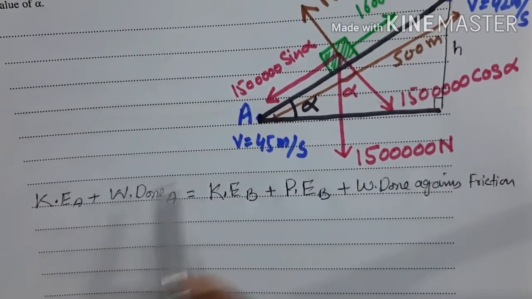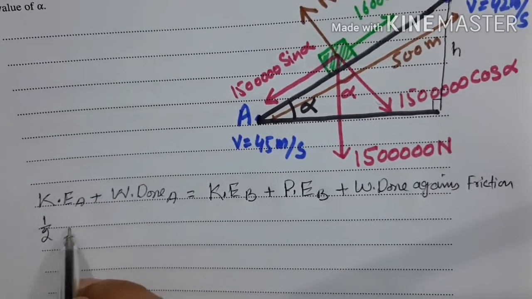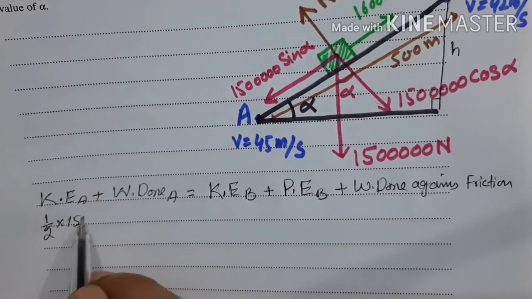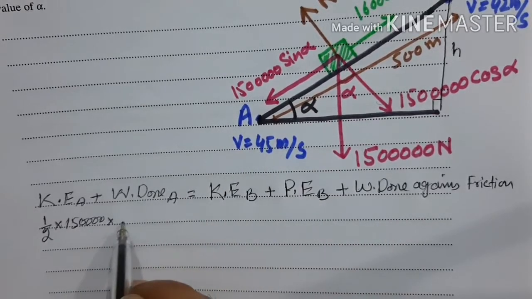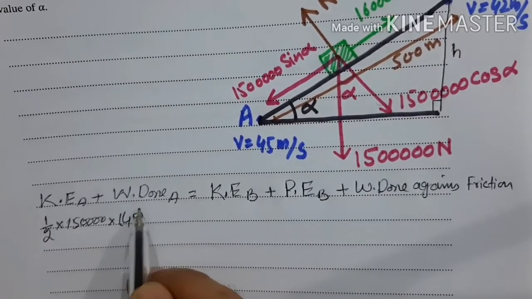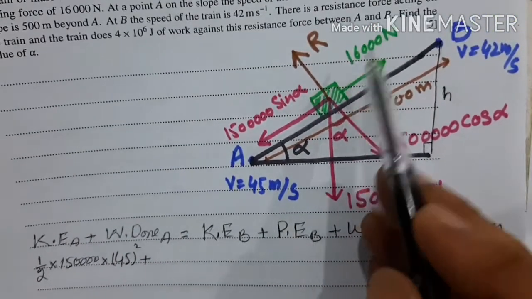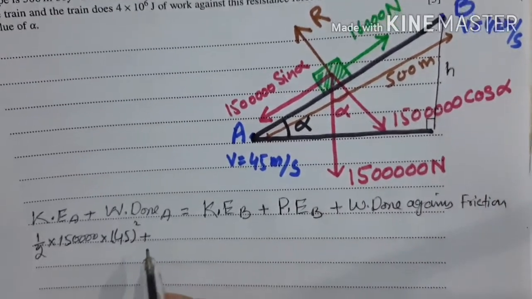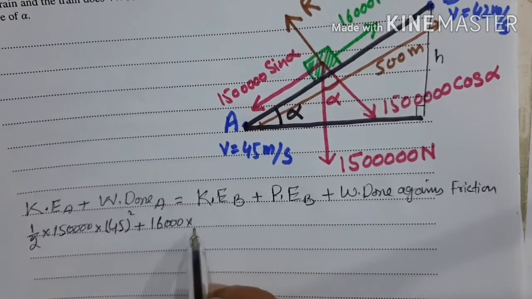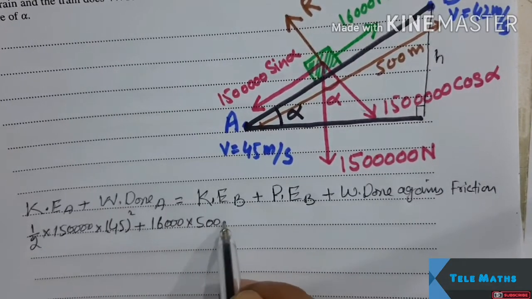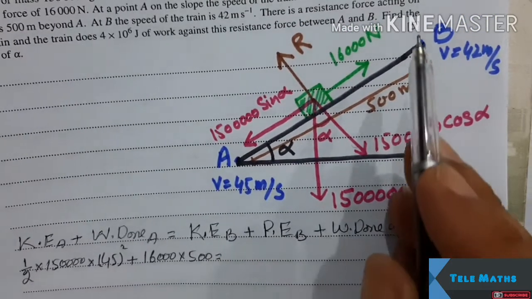So what is kinetic energy at A? That is 1 by 2, mass is 150,000, and velocity at A is 45 squared, plus what is the work done? F into d. The force is 16,000 and the distance is 500. So 16,000 into 500 equals kinetic energy at B. So what is the kinetic energy at B?